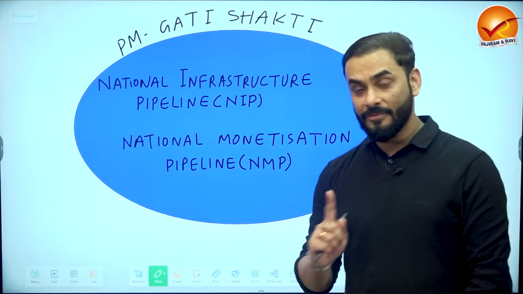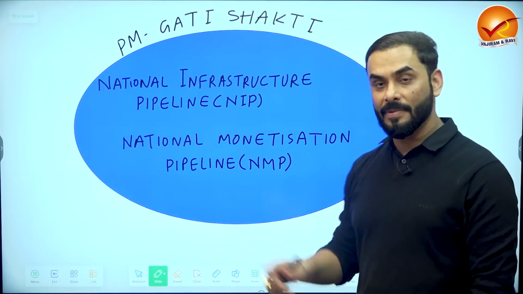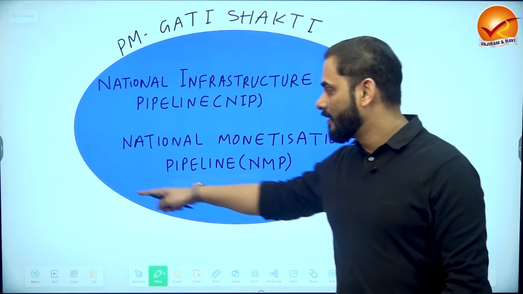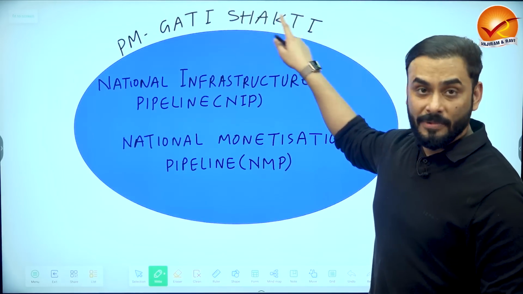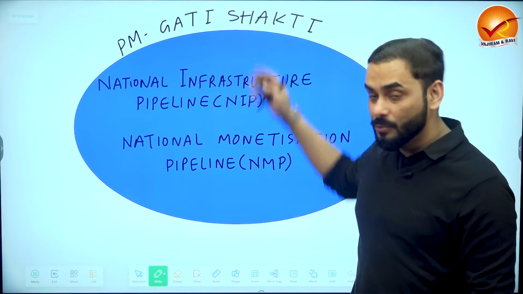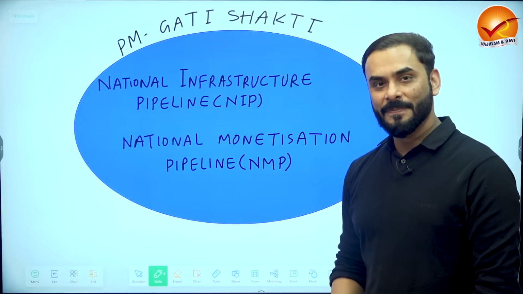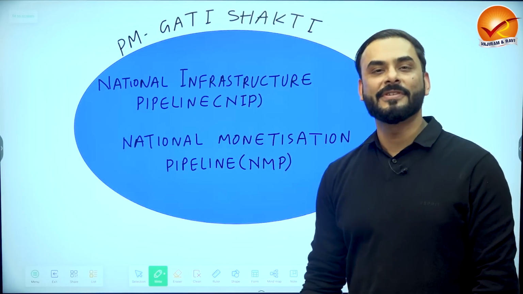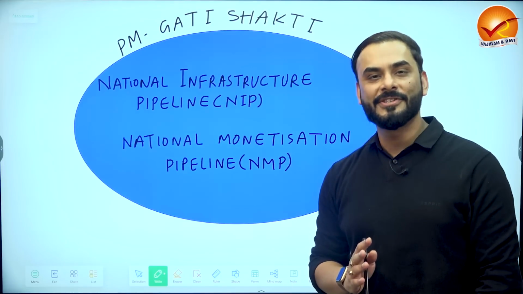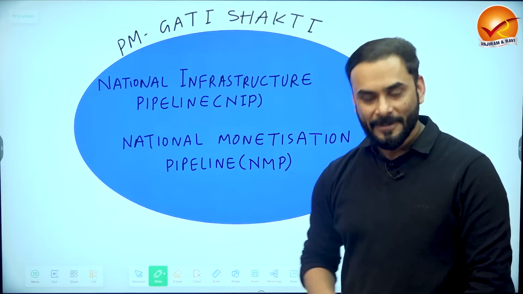Now, if you look carefully, National Infrastructure Pipeline and National Monetization Pipeline, they are inside this particular figure. But if you look at PM Gati Shakti, it is located outside, isn't it? Which means PM Gati Shakti overlooks both these schemes. But what is the connection between these three and what is the meaning of these three? That is what we are going to examine.